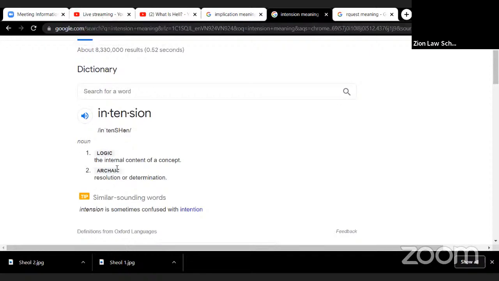Okay. Internal content or concept. So as a noun in logic, it means the internal content of a concept. Its ancient meaning is resolution or determination. So this is saying, is it logical then that to inquire is to demand?